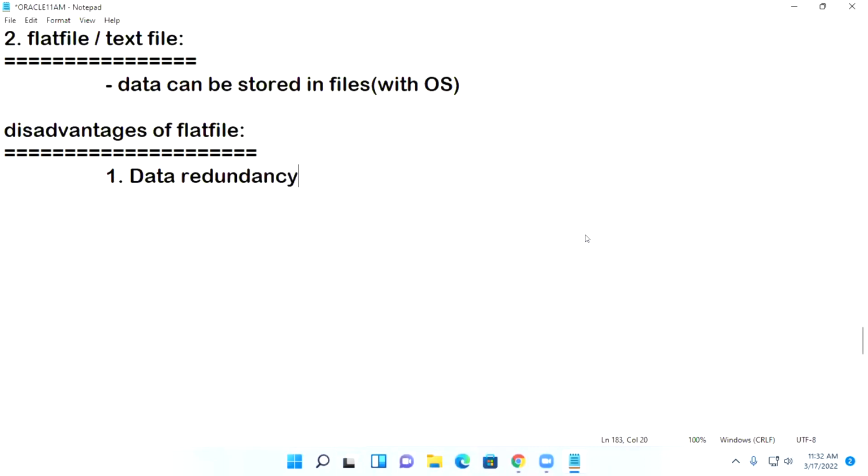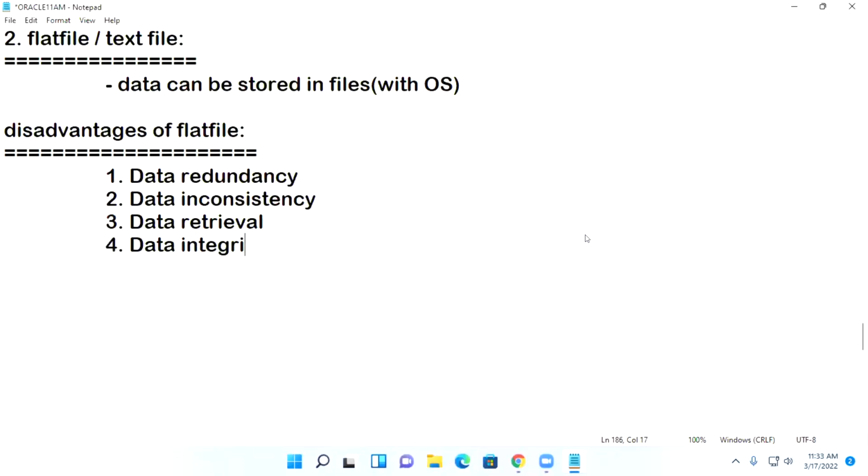This is one problem we face with flat files. The second one is the data inconsistency problem. The third one is the data retrieval problem. And the fourth one is the data integrity problem.